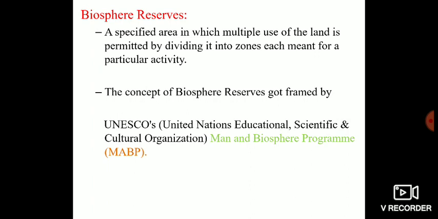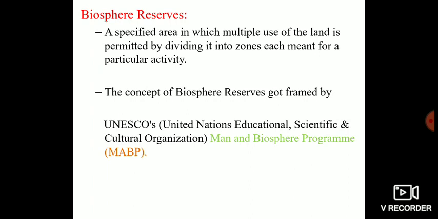The simple and most efficient way is to divide it into zones, and each zone is then reserved for a specific activity. You divide a large area into zones and perform a specific activity in each zone.